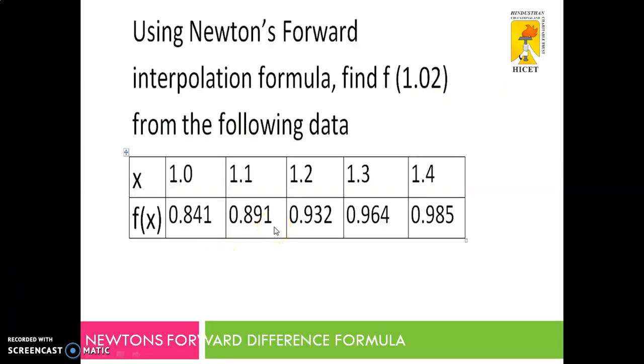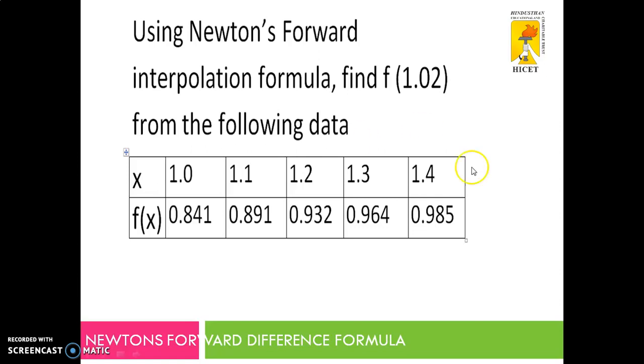Let us see a problem on how to use Newton's forward interpolation formula to find the value when x occurs at the beginning of the table. The problem is: using Newton's forward interpolation formula, find f of 1.02 from the following data.